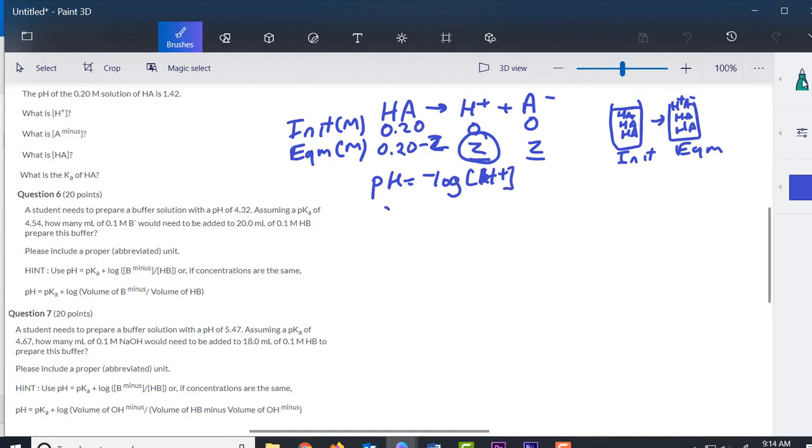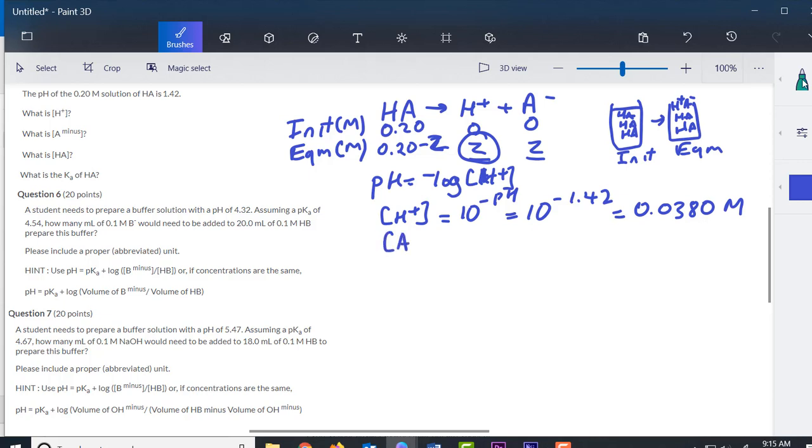So in order to get the concentration of H plus, we would do 10 to the negative pH, which in this case would be 10 to the negative 1.42. And we're instructed to just use decimals here, so we will, and it's going to end up being, in this case, 0.0380 molar. So that'd be the answer there.